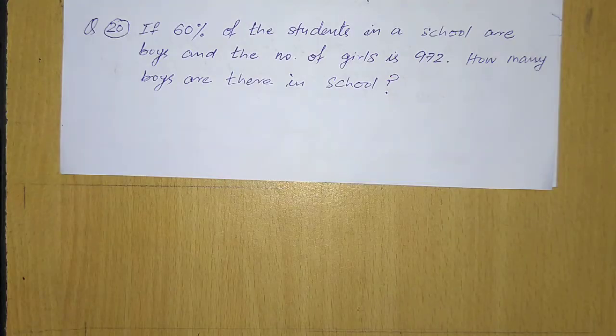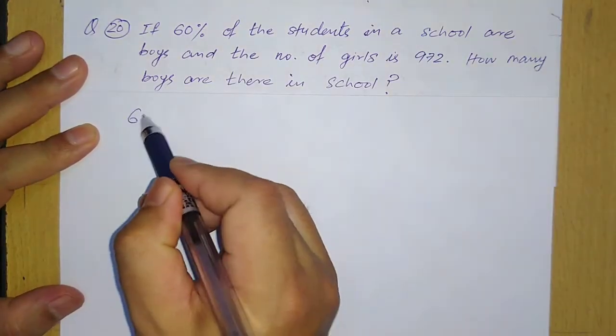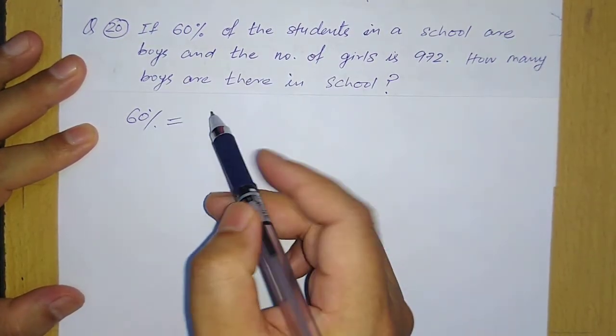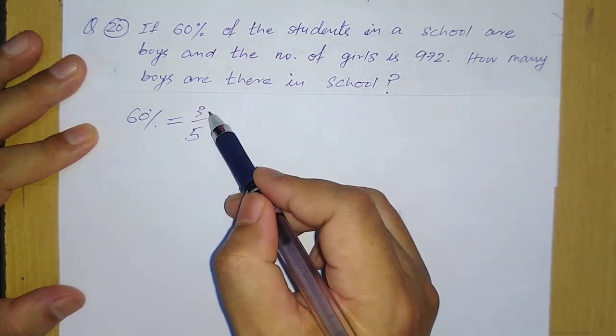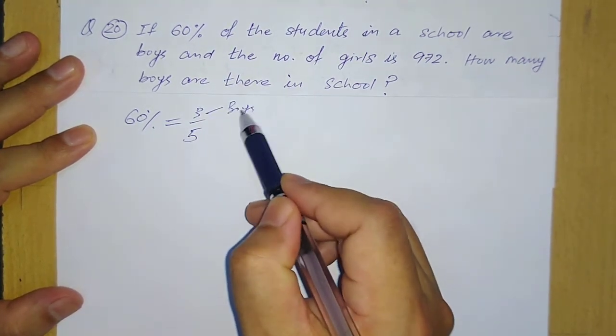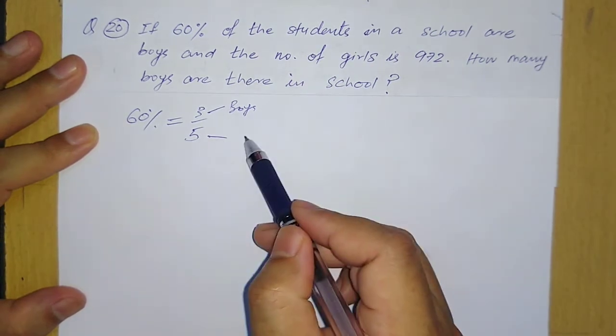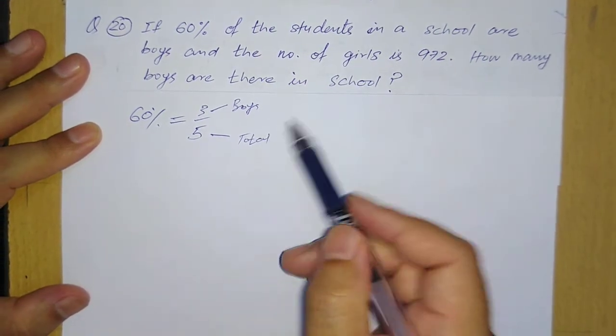Question number 20. If 60% of the students in a school are boys and the number of girls is 972, how many boys are there in school? In this question it's given 60% of the students in a school are boys. 60% is 3 by 5. So 3 part is boys and this 5 is the total number of students.